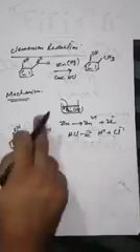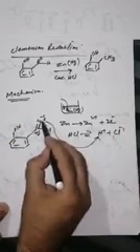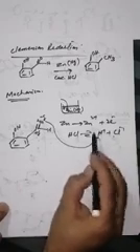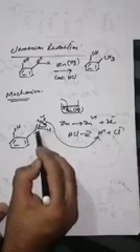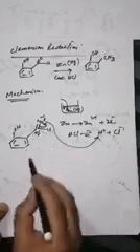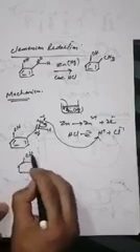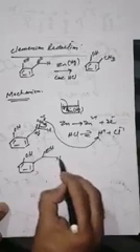When this oxygen gets protonated using hydrogen, then this pi electron will move onto the oxygen and this carbon will get positive charge.